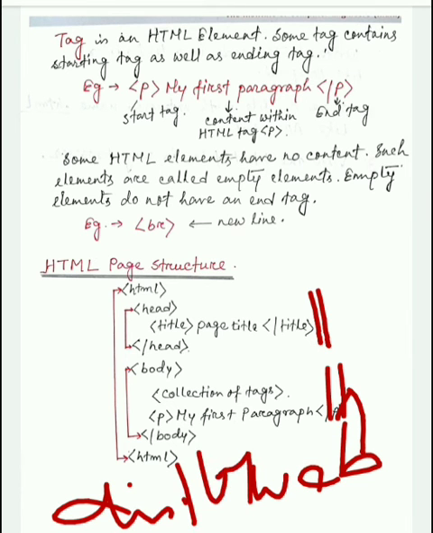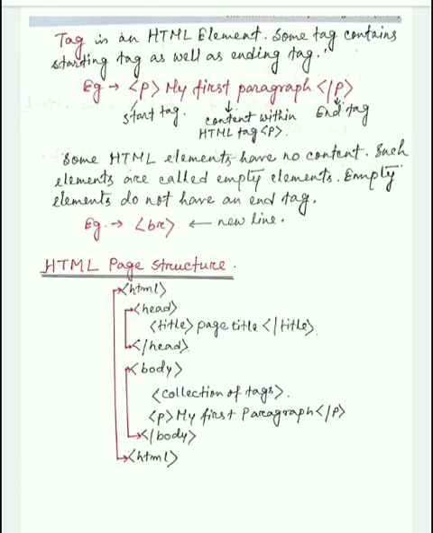This is for display in the web page. Whatever you write within the body tag, you see here it is body open and body close. Within body open and body close, you have to write all the necessary coding to view in the web page.